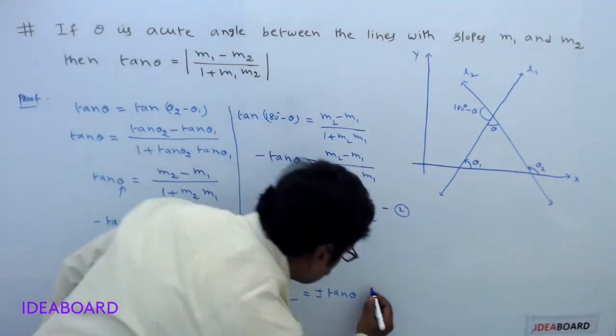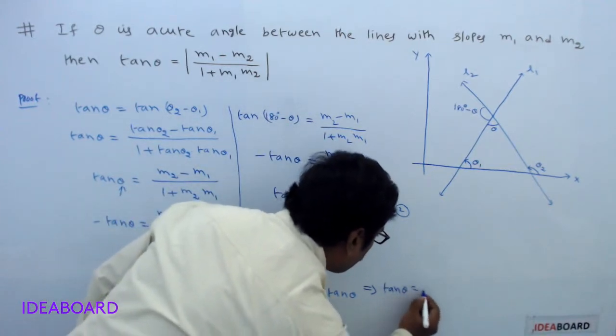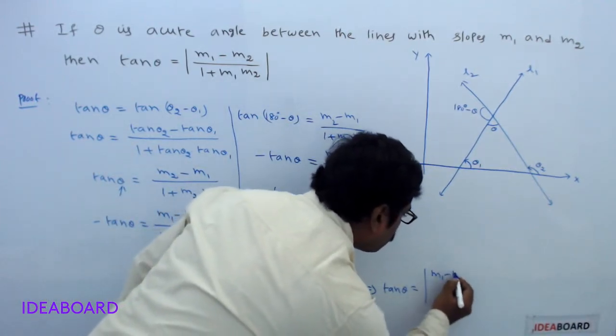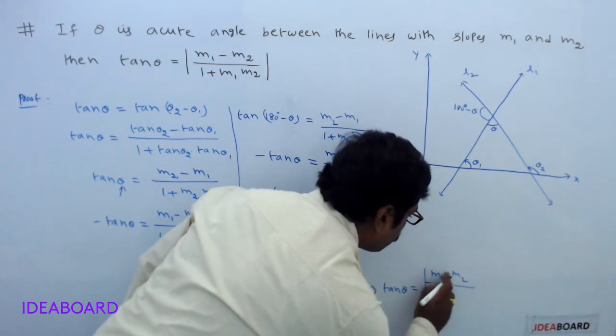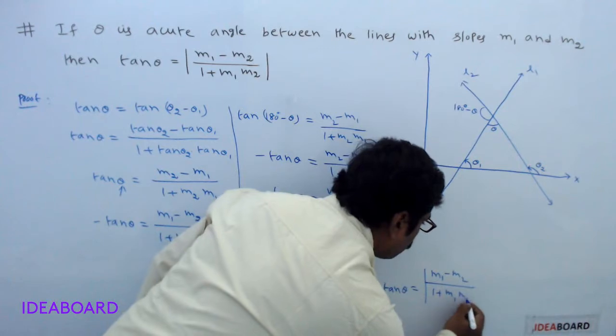Now from this equation, tan theta can be taken as modulus of m1 minus m2 divided by 1 plus m1 m2.